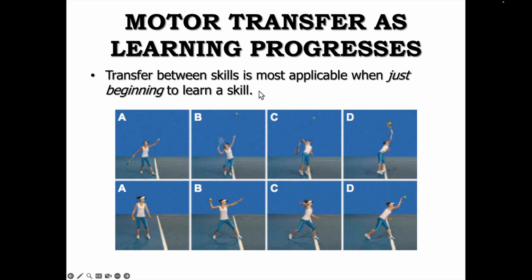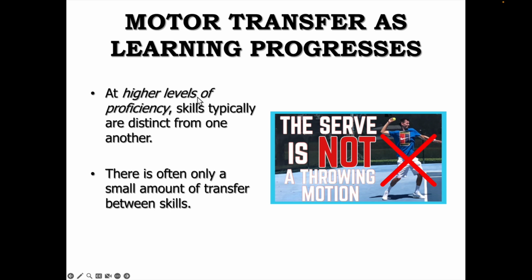However, at high levels of proficiency, meaning an expert, throwing a baseball and serving a tennis ball or spiking a volleyball are going to be very distinct from one another. Let me reset.